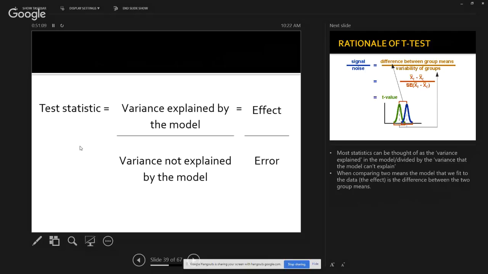Another way of saying that, it is the systematic error, the effect, over unsystematic error, the error in your model, which could be measurement or just because. And every single stat is really looking at that.